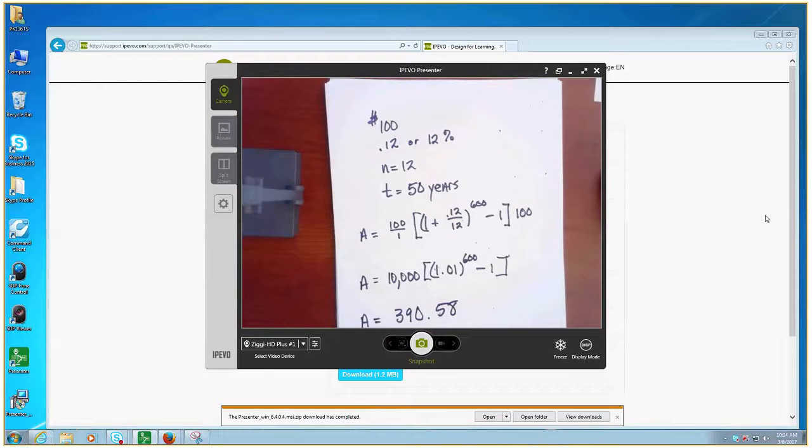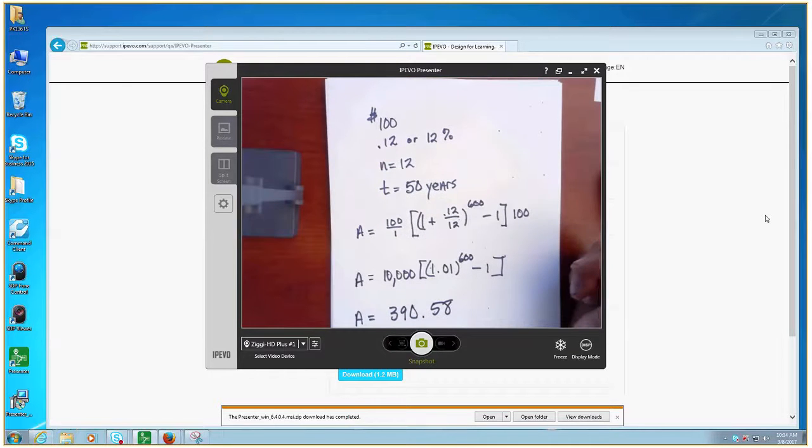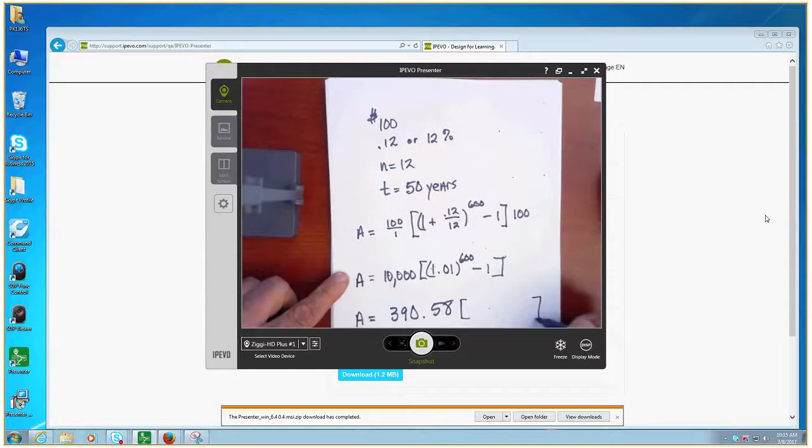Well, that sucks. That's not right. There's no way that's right. All she was saying was that 390 was right, the bracket. That's what's 390. Times 10,000. I didn't think that was right. Now multiply it by 10,000.